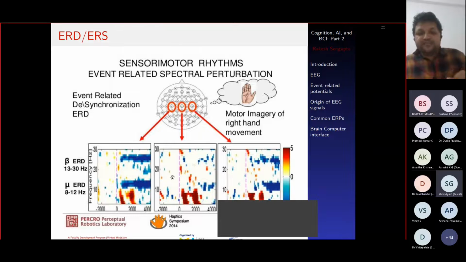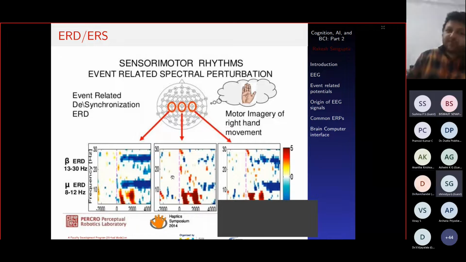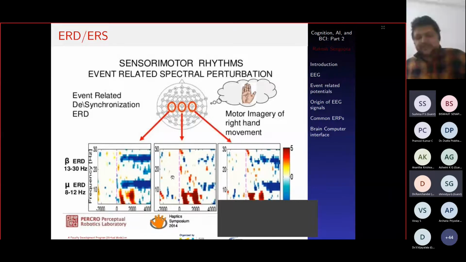Whenever you think about moving a limb, that's called event-related desynchronization. Normally, when you're not thinking about doing anything, you'll have alpha power increasing.